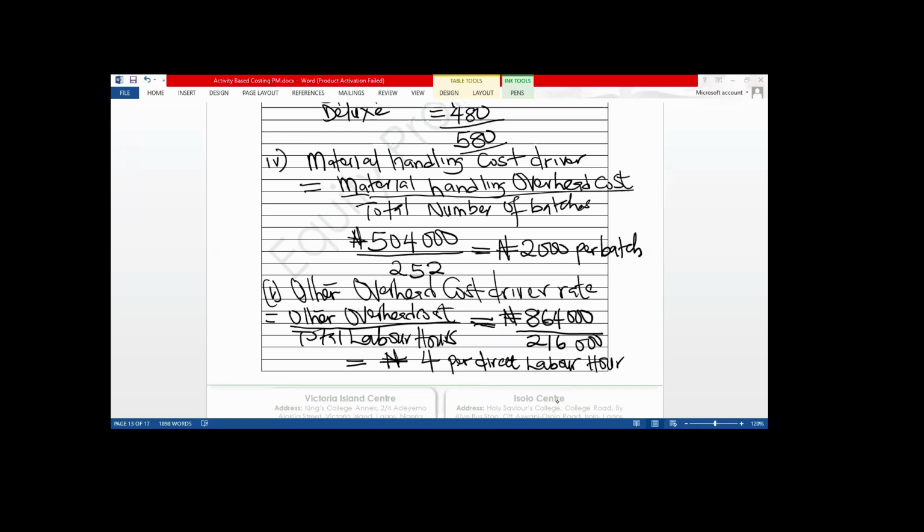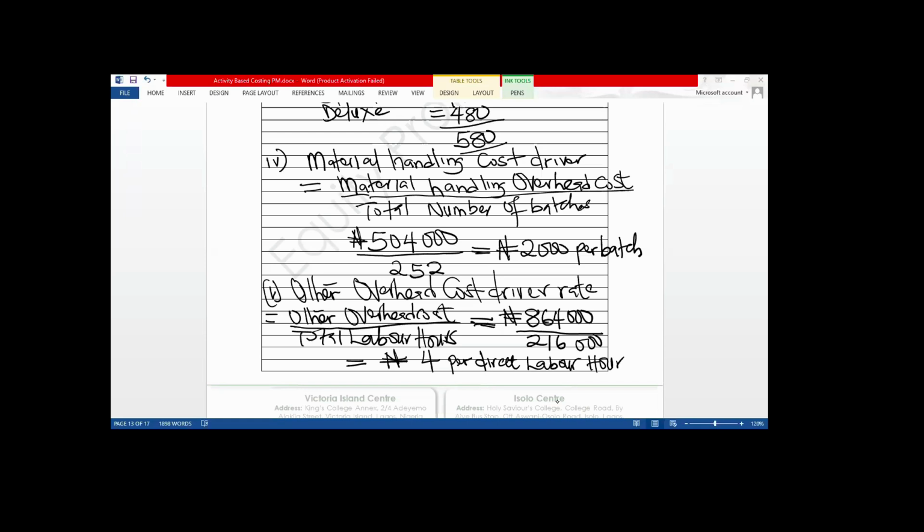Examiner multiplied by 5. He changed the volume to 120,000 units. When you get to direct labor hours per unit, in this question you have 4 hours for standard, 5 hours for dealers. Examiner multiplied by 5. That gave 20 hours for standard, 25 hours for dealers. All the figures were multiplied by 5.